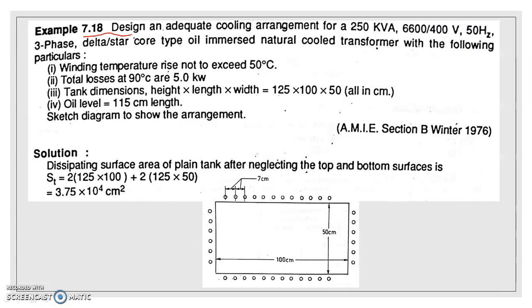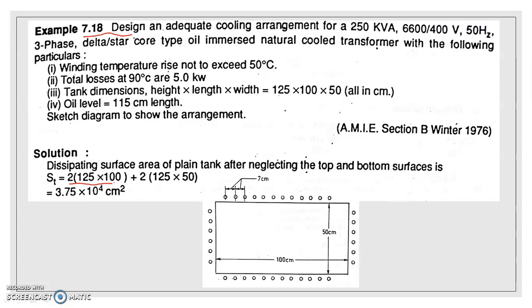Let's see. First of all, we have to calculate the surface area of the tank. If we consider the tank as a cube and neglect the top and bottom surfaces, then only 4 sides out of 6 of the cube appear. We are neglecting 2 surfaces, bottom and top. So we get 2 into 125 into 100, that is height into length.